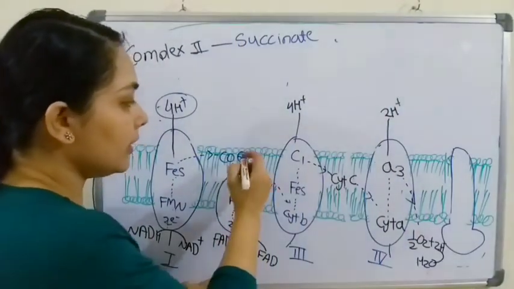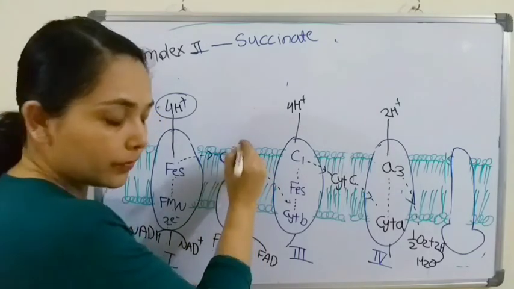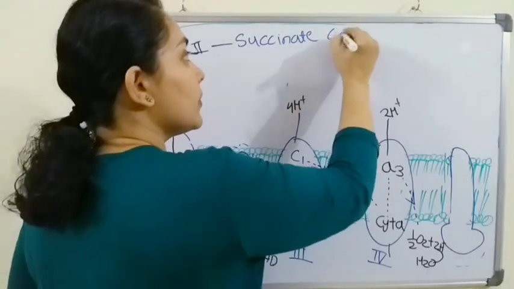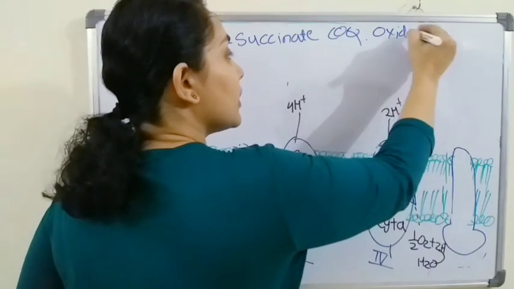So finally these hydrogenated electrons are coming to coenzyme Q in complex 2. Therefore the complex is also known as succinate coenzyme Q oxidoreductase.